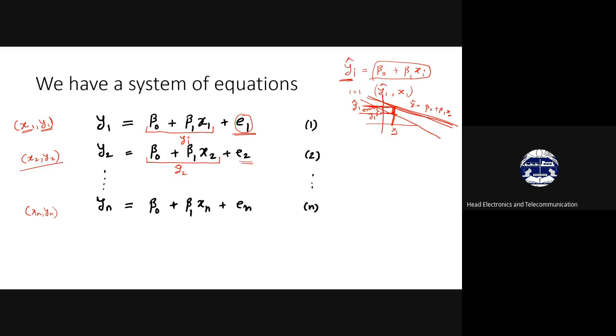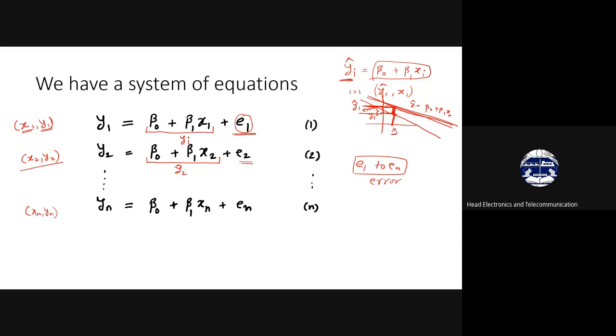So E1 to En are the corresponding errors for the predictions.